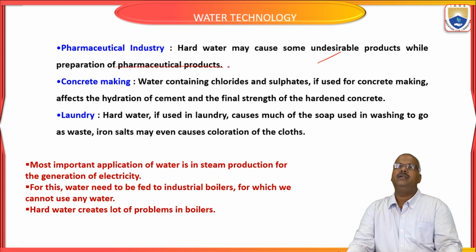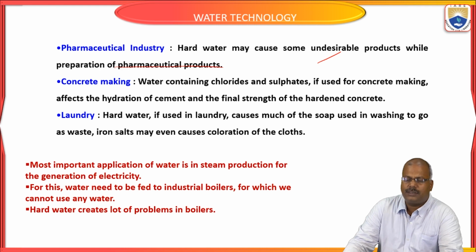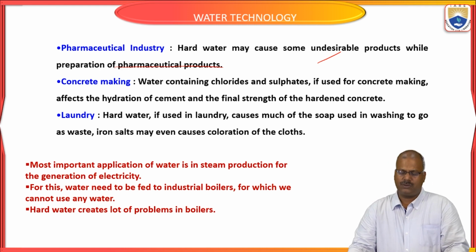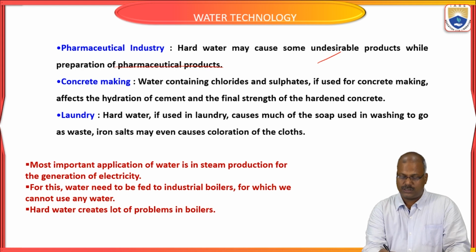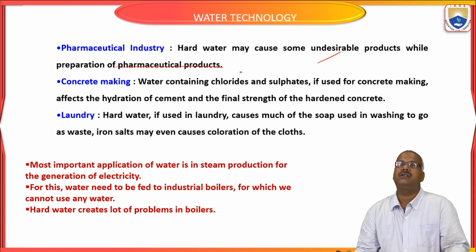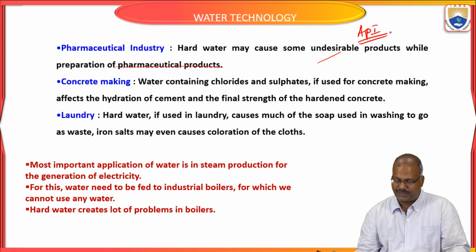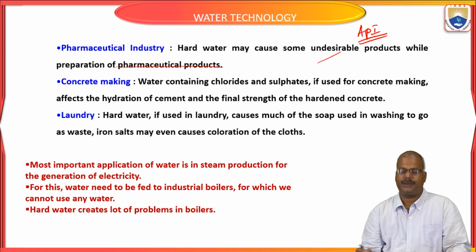In pharmacy, impurities are very important, so impurities should be very low or zero. Hard water may cause a lot of undesirable products in the preparation of API, active pharmaceutical ingredients, etc.